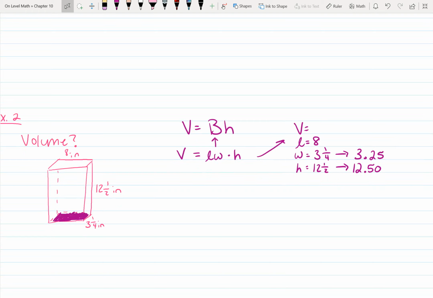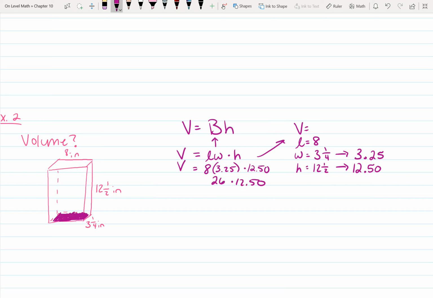Alrighty, now I'm going to plug in what I know. Length was 8, width was 3.25, times the height, which is 12.50, or just 12.5. Here's where a calculator comes in handy. 8 times 3.25 is 26. Break this down into 2 steps.